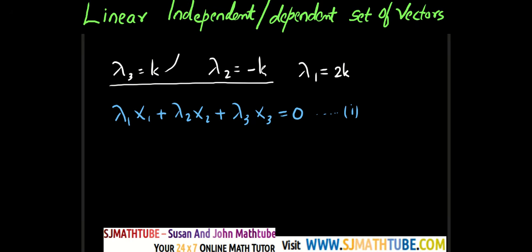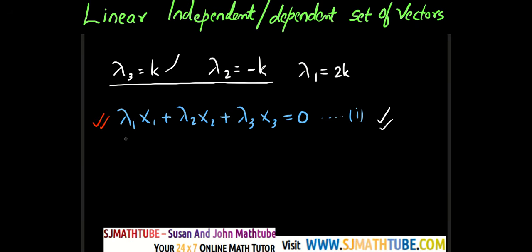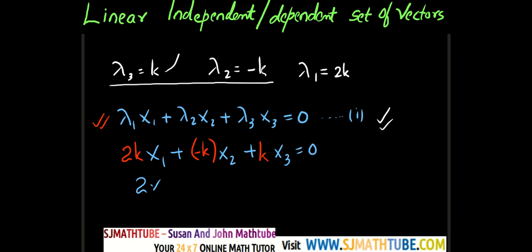Substituting all the lambda values in equation number 1, I hope you still remember equation number 1, lambda 1 is 2k, so I put 2k into x1 minus k times x2 and lambda 3, that is k times x3, is equal to 0. Now k is common and k is non-zero, so the relation is 2x1 minus x2 plus x3 is equal to 0.